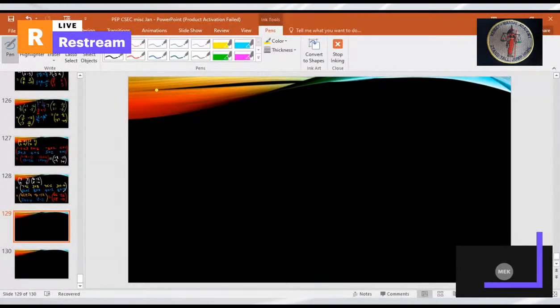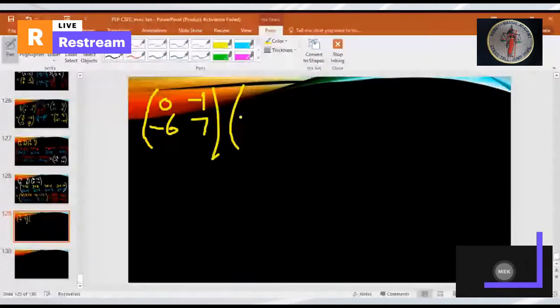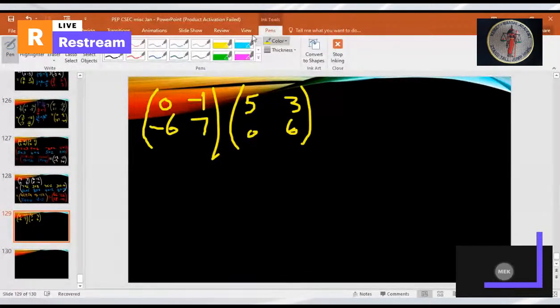So we have 0, negative 1, and we have negative 6, 7. And we're multiplying that 2 by 2 matrix by another 2 by 2 matrix: 5, 3, 0, 6. All right, so for the first row, we're going to need big brackets.